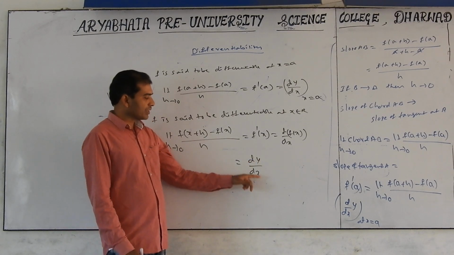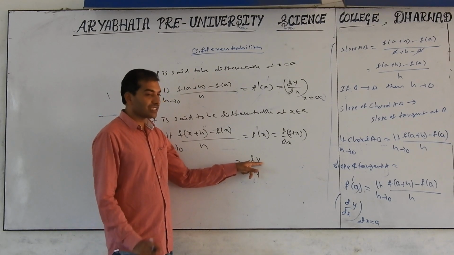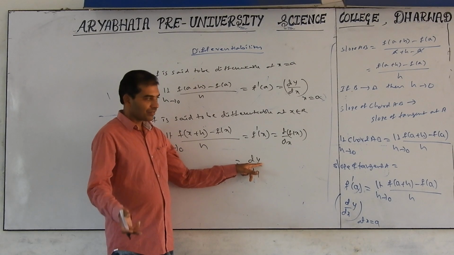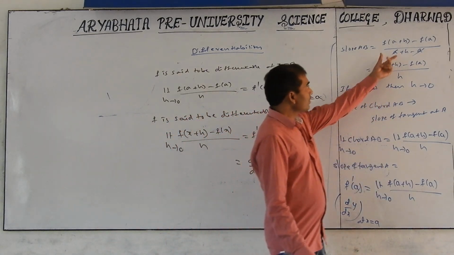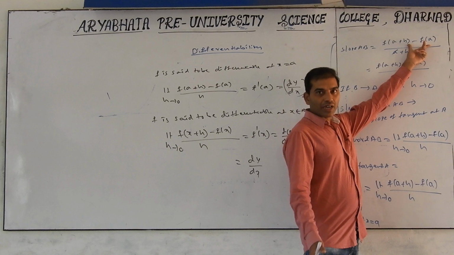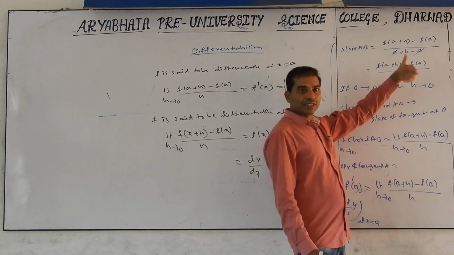Okay, dy by dx. What is the meaning of this? dy means change in y. We have done that: y2 minus y1 is the change in y, and x2 minus x1 is the change in x.